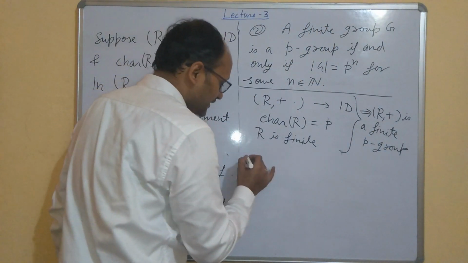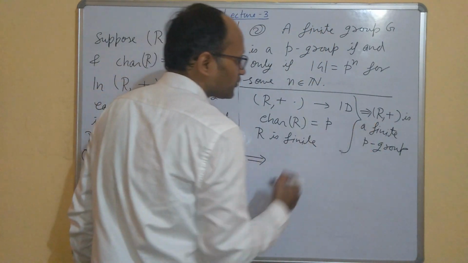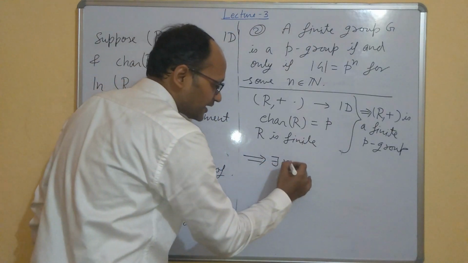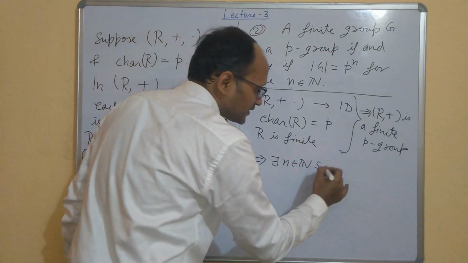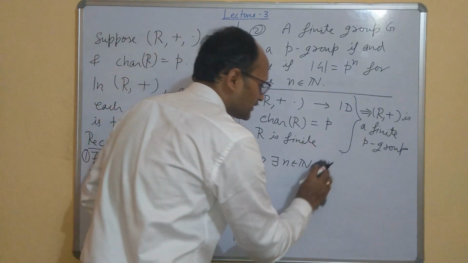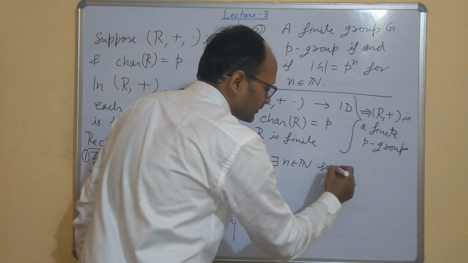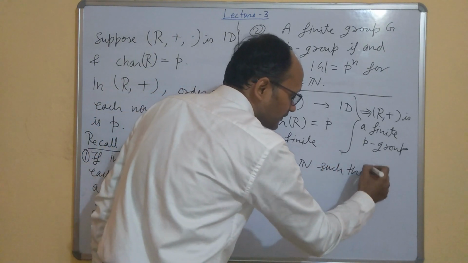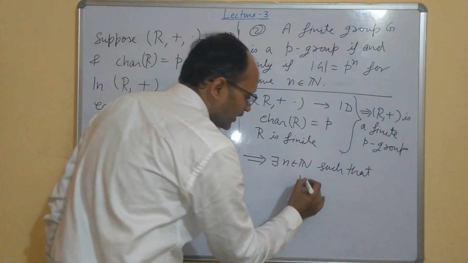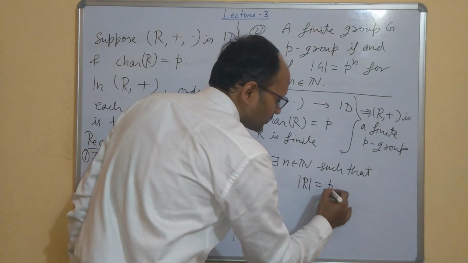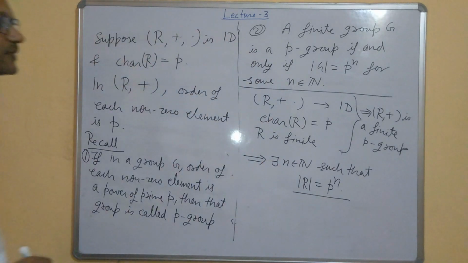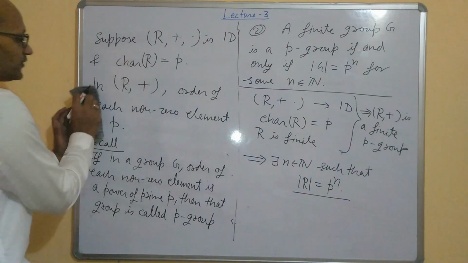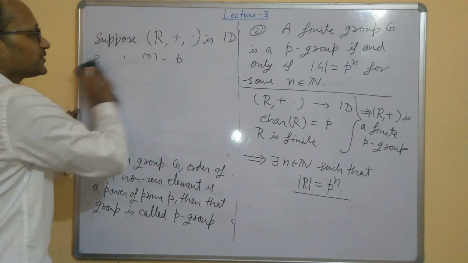Okay, so what does this imply? A finite p-group means there exists n in N such that the order of R is equal to p to the power n. So this means the order of any finite integral domain.